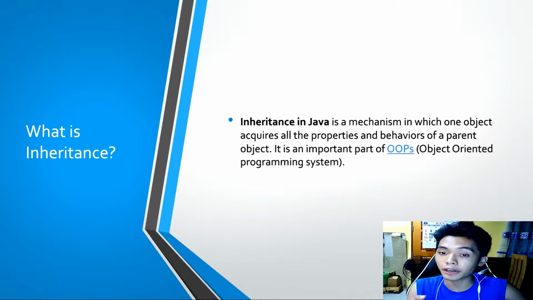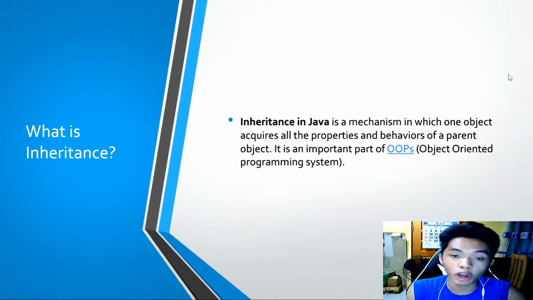So what is inheritance? Inheritance in Java is a mechanism in which one object acquires all the properties and behaviors of a parent object. It is an important part of OOPs.